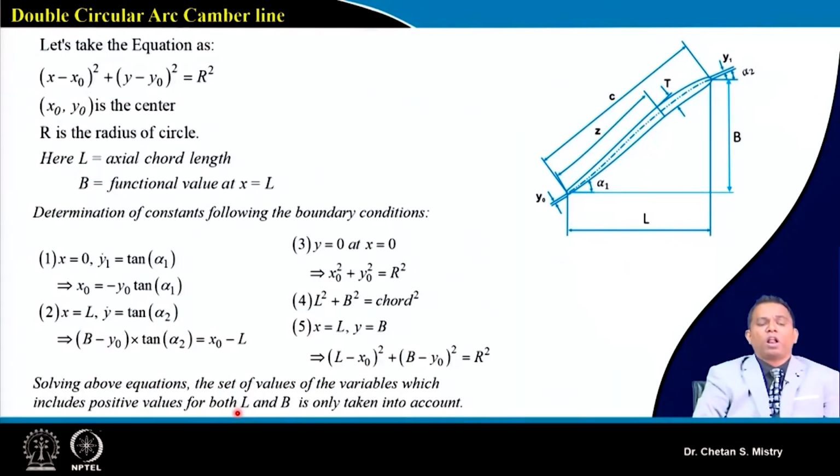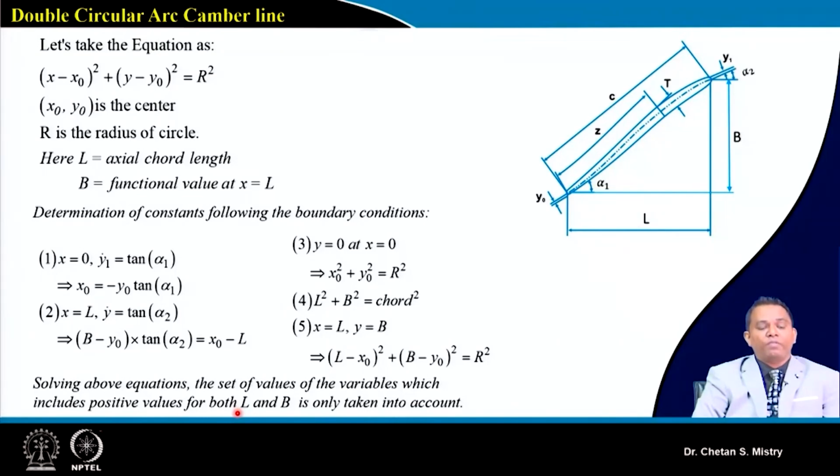Now the double circular arc aerofoil, or double circular arc camber line, can be represented by this equation: x minus x0 squared plus y minus y0 squared equals r squared.